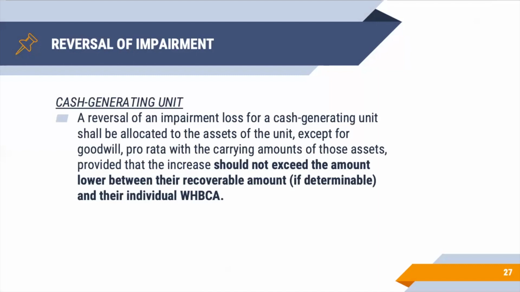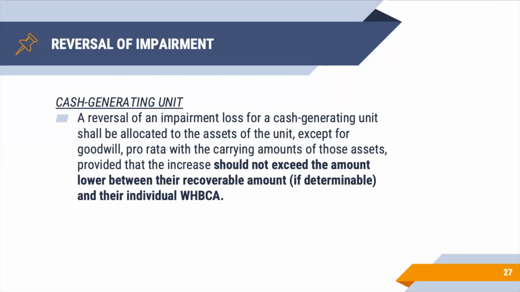Now, can we reverse impairment for a cash generating unit? The answer is, a reversal of an impairment loss for a cash generating unit shall be allocated to the assets of the unit. So pwede, except for goodwill. So hindi pwedeng i-increase ulit ang value ng goodwill.